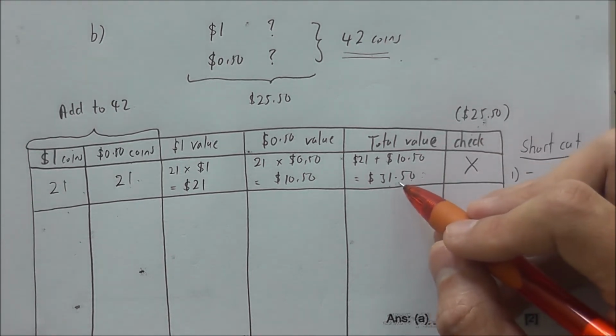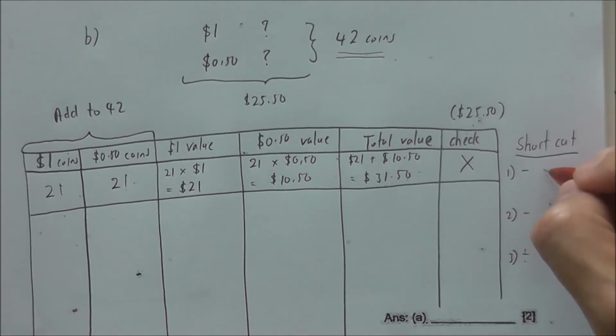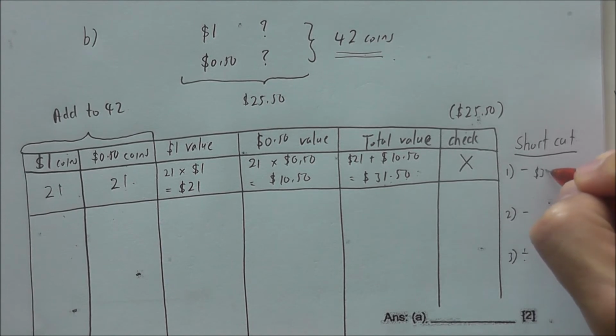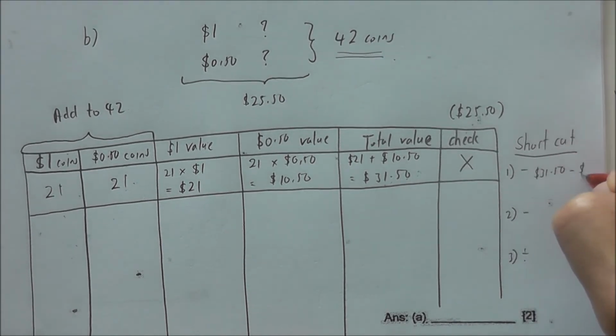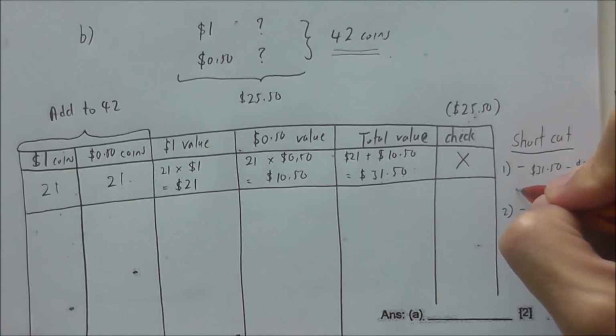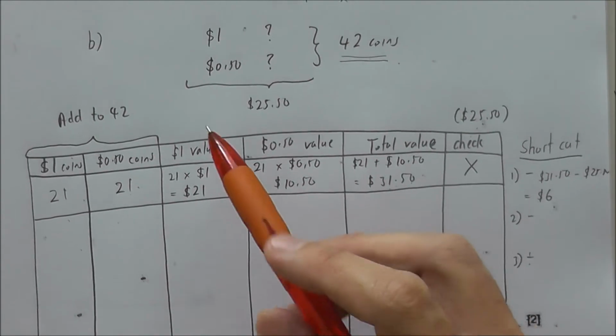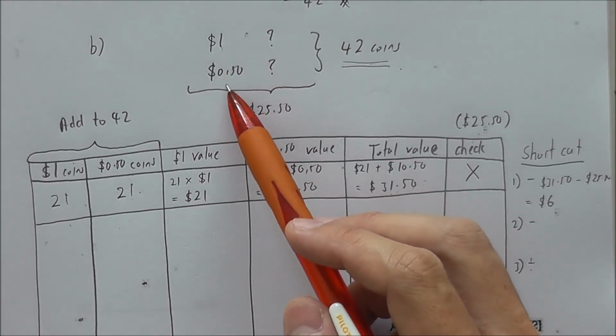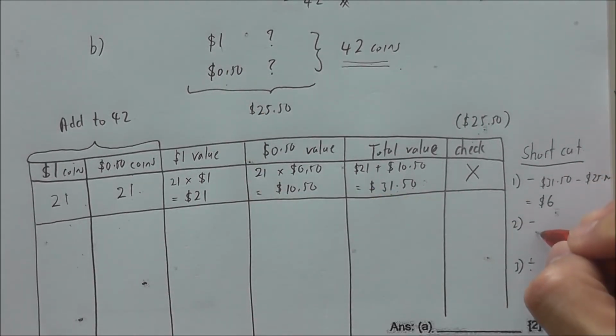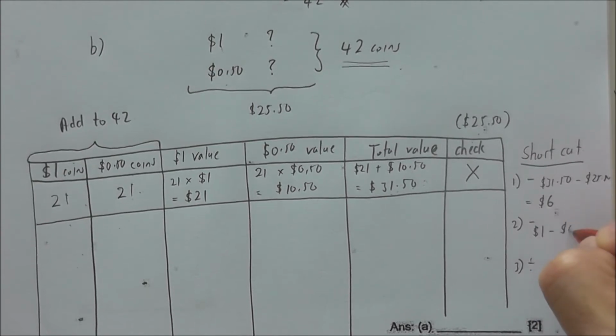So $31.50 minus 25.50, I will get $6. Next, I take the two objects that I have, $1 and 50 cents, I minus again. So $1 minus 50 cents, I get 50 cents.